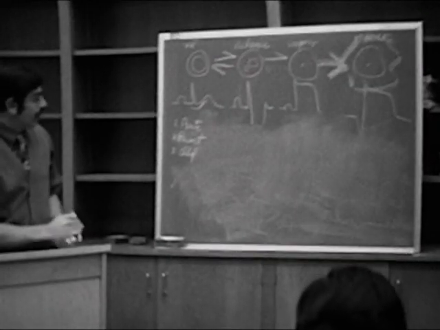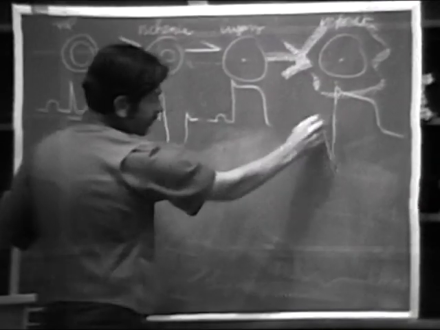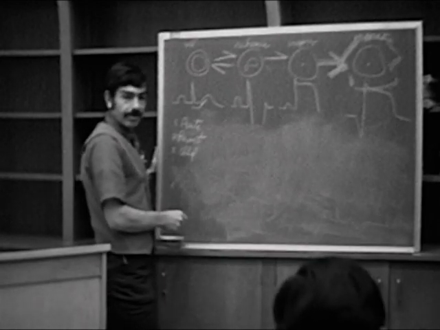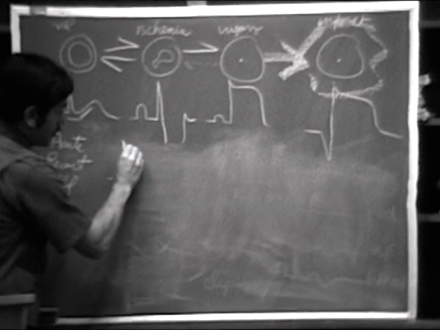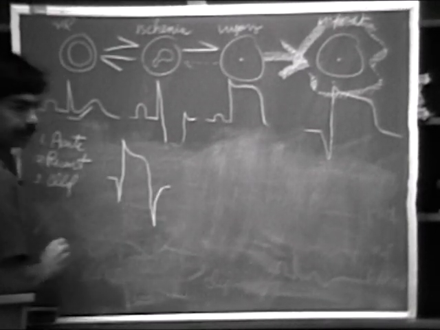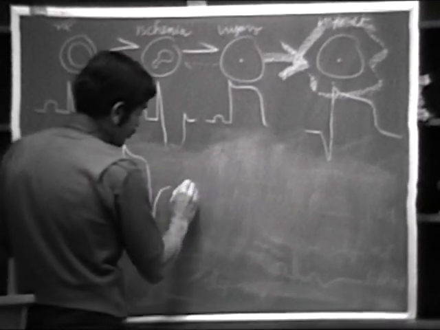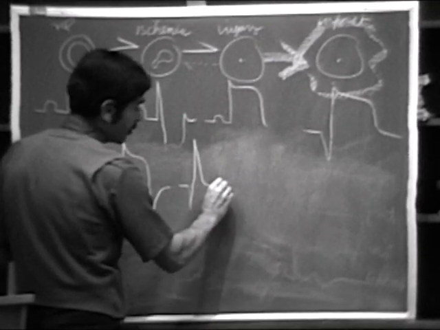Well, let's just say that this is what the acute infarction looks like. And let's just draw on the board here the sequence of changes that takes place as time goes along. First thing that'll happen is your T wave will start to invert as your ST segment is coming down. Finally, your ST segment will be down.